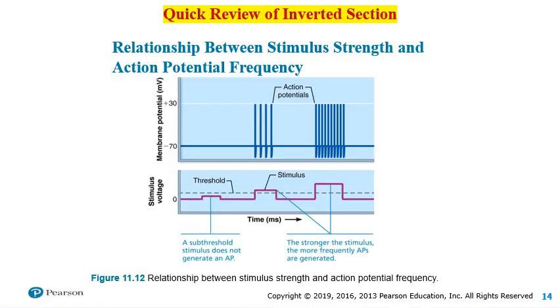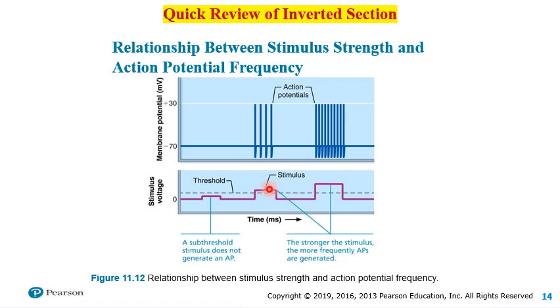So let's see a bit more on that. Okay. So here, if you are sending a stimulus through dendrites that is weak and not enough to reach threshold at the axon hillock, then you do not get an action potential. If you do not reach threshold, you don't get any action potential. But let's say that you send a strong signal and you reach threshold for quite some time.